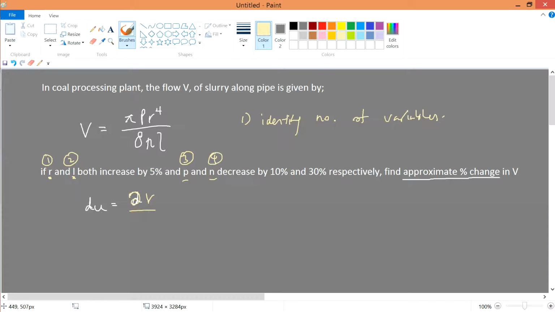We just partially differentiate them in terms of their own variables. So I have partial V partial R, dR, plus partial V partial L, dL, plus partial V partial P, dP, plus partial V partial N, dN.